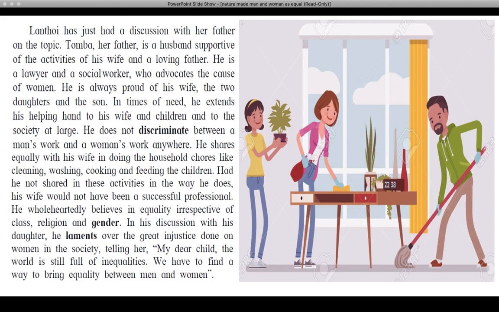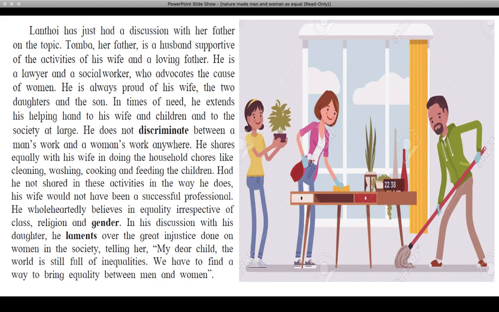is in society. And when his daughter brings up this topic, he talks to her and says that it is really sad. To lament is to feel very sad, okay, over the injustice that is done to women in the society. He says that it is really, really pathetic to see how women are treated in the society, to show sorrow.